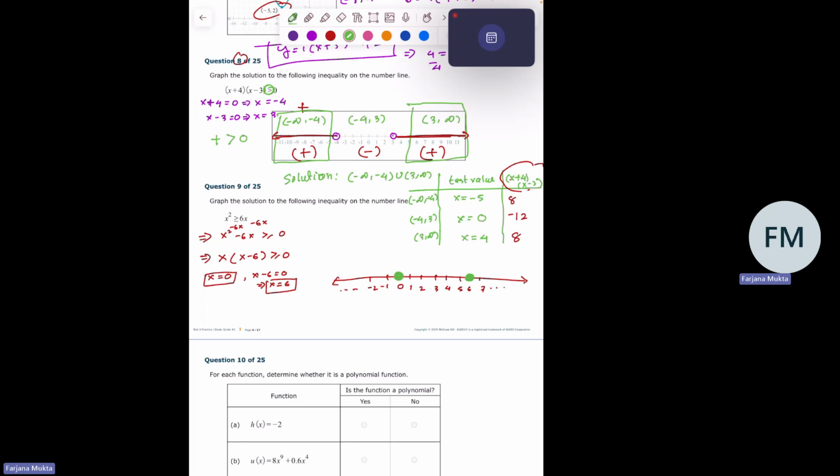Okay, so our divided number subintervals are -infinity to 0, 0 to 6, and 6 to infinity.